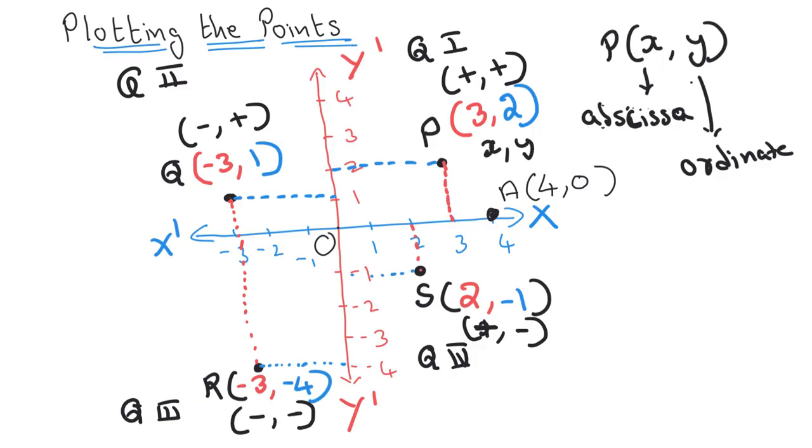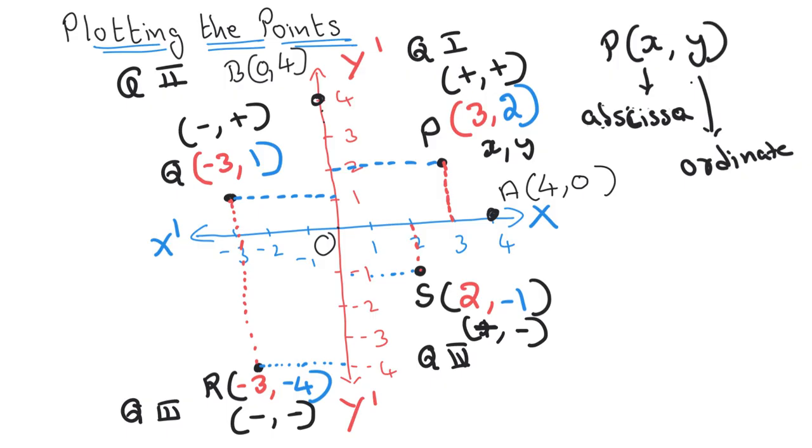So if we extend the logic, any point on the y-axis, let us label that as B, the x coordinate will be 0. And what will be the y coordinate? Wherever the point is on the y-axis. In this case, it's 0, 4. Understand?